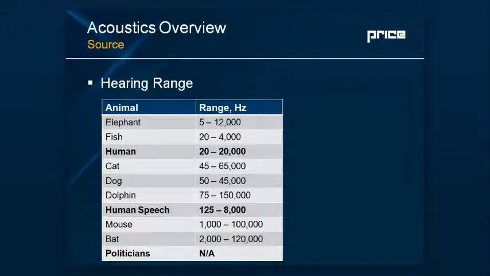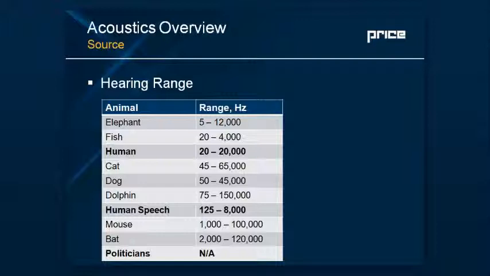bands. So hearing range we'll talk about very briefly, but humans hear ideally between 20 and 20,000 hertz. This is pretty much when you're out of the womb. Unfortunately, shortly thereafter, our hearing typically starts to deteriorate, such that in the higher frequencies, as we get older, we often cannot hear above 8,000 or 10,000 hertz.